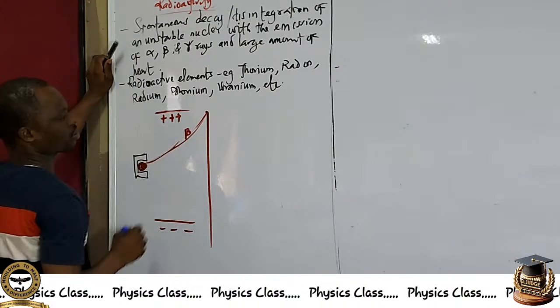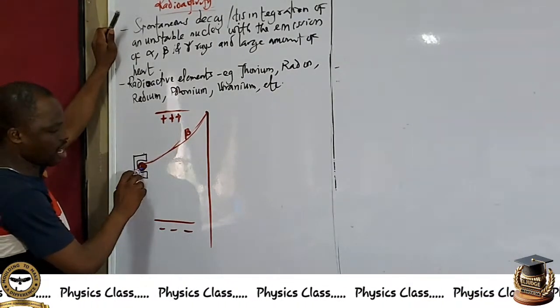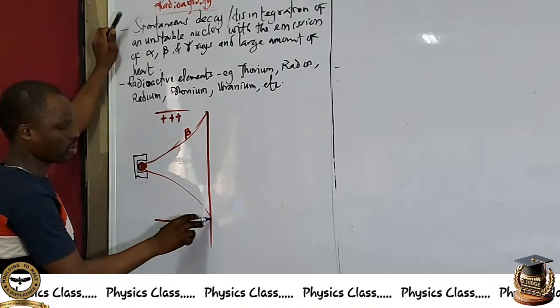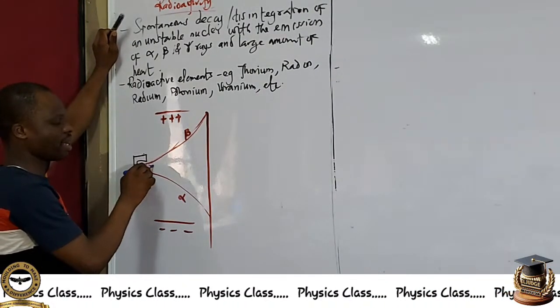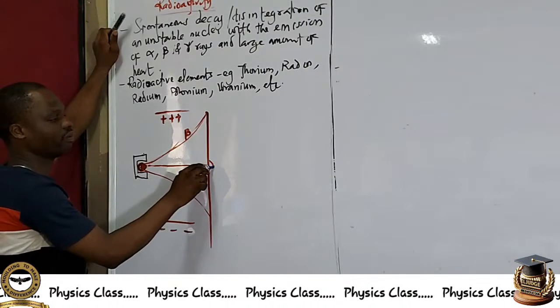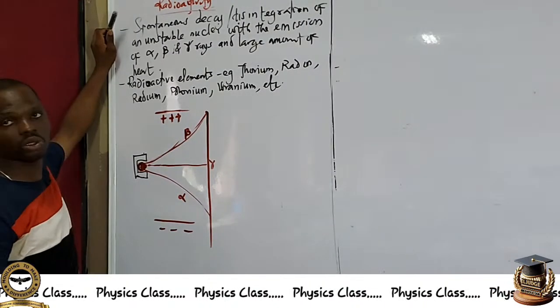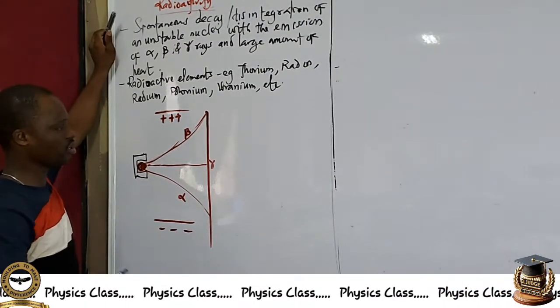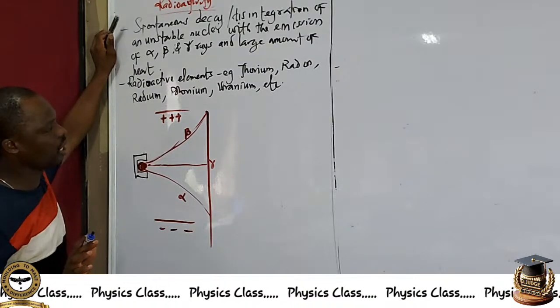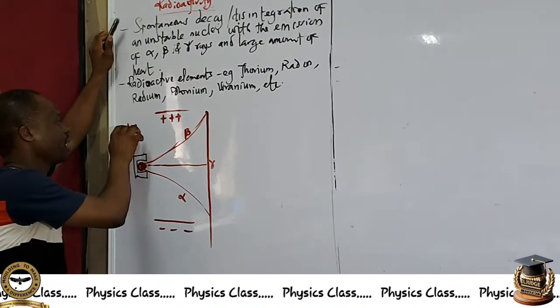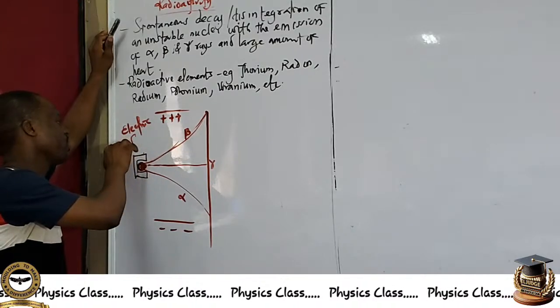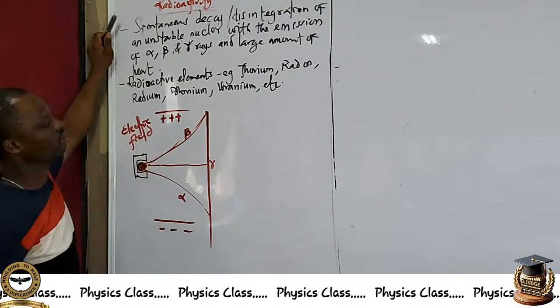This is the beta particle, and the alpha particle will deflect towards this. The only radiation that does not deflect is the gamma radiation. So the gamma radiation does not deflect when placed in an electric field.